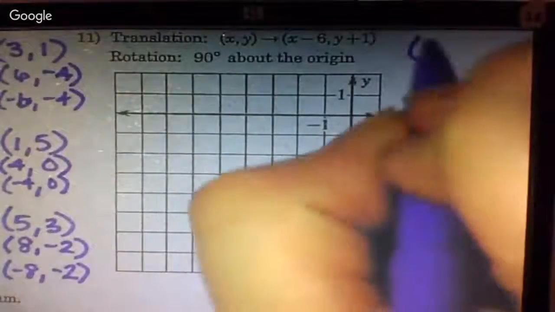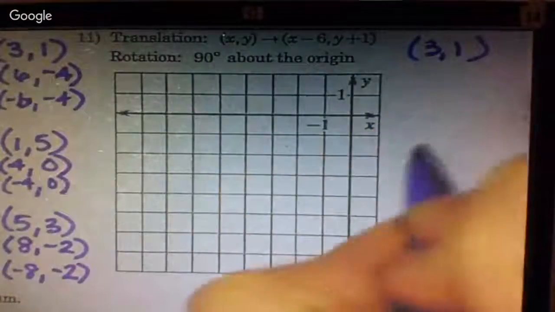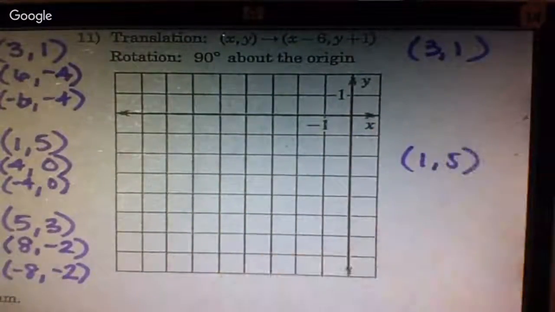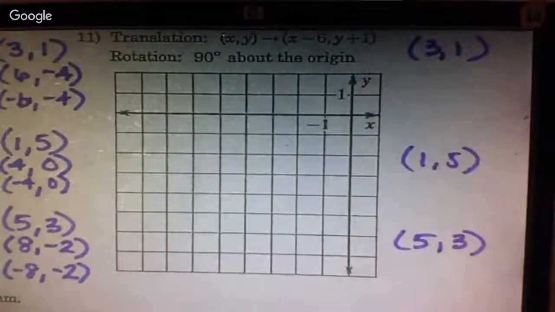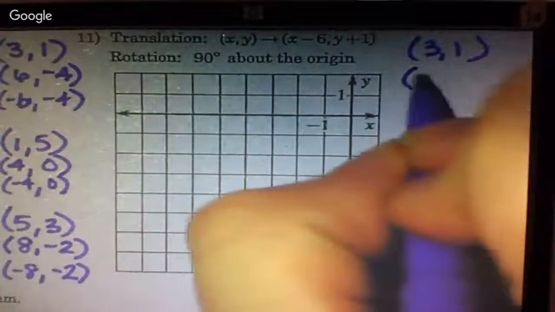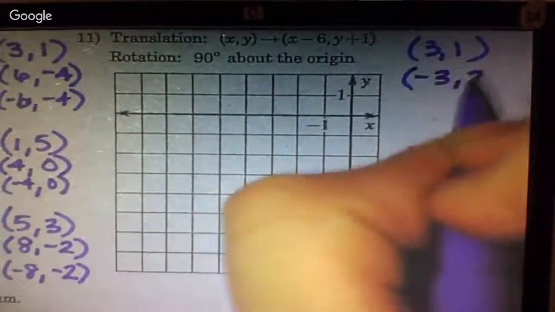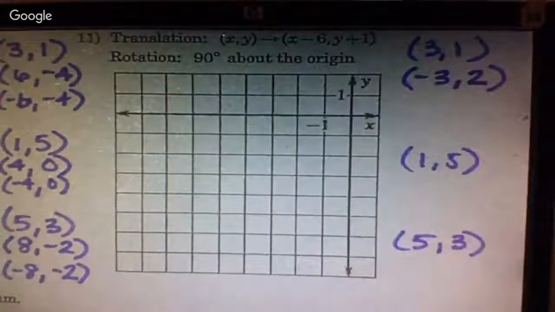Okay. 3, 1. 1, 5. 5, 3. We start with subtracting 6 from X, adding 1 to Y. So negative 3, positive 2.